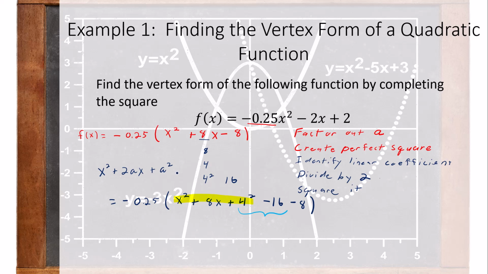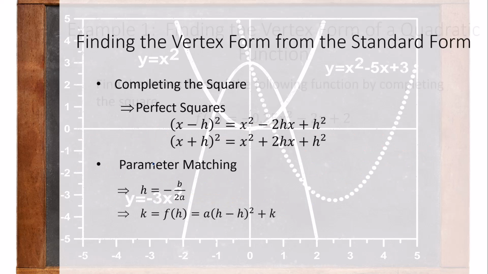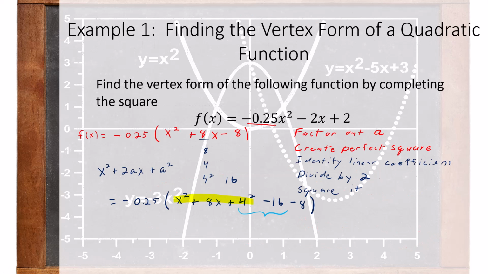So this has the form of a perfect square, and what we have seen in the previous screen, I can write as x plus a, the entire thing squared. What I want to do now is place grouping symbols around that perfect square. And if I do, I'm going to have something that looks like this.